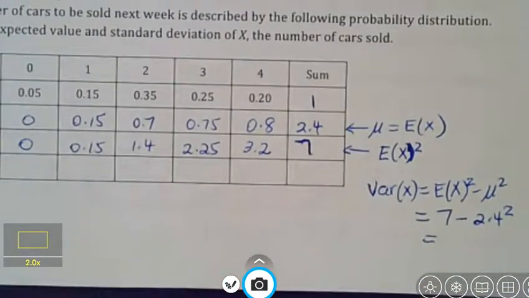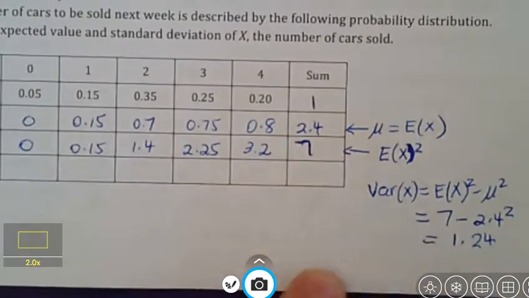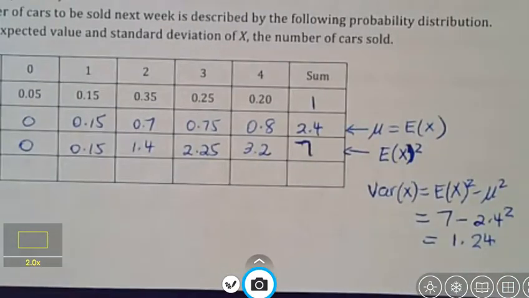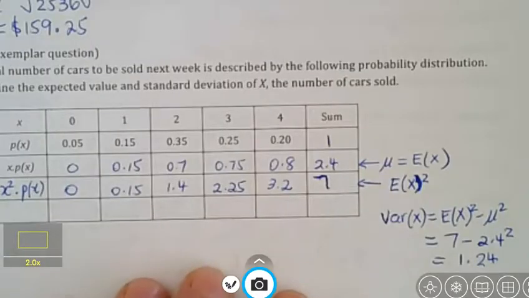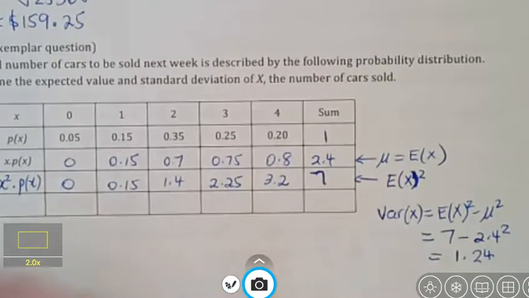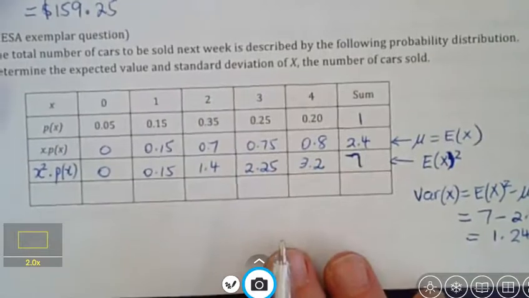Now we're going to try the other method. So that's using the alternative method. In another color, I'm going to try the other method now. The alternative method. Expected value of x squared minus mu squared. Now let's try, I'm going to need another row, sorry.